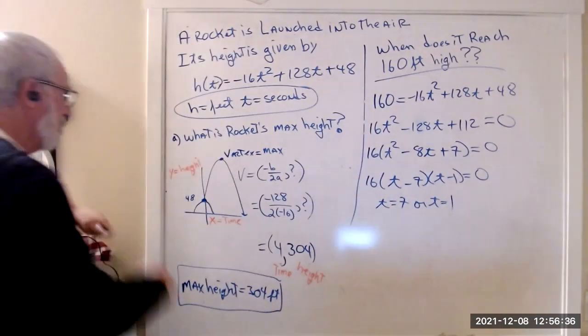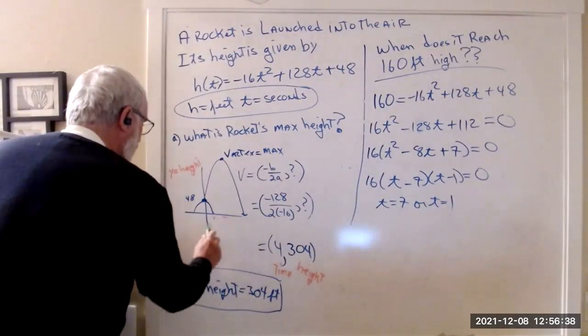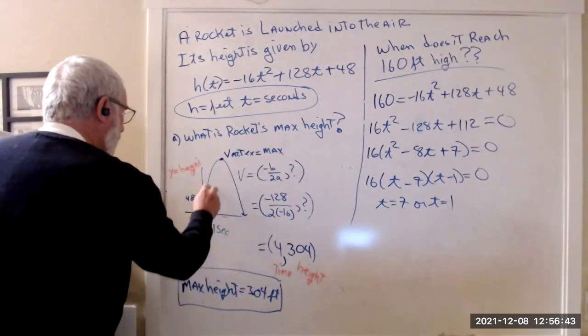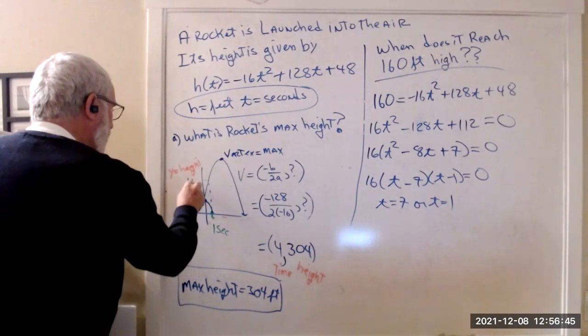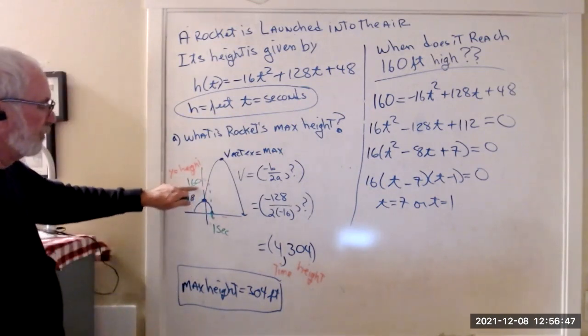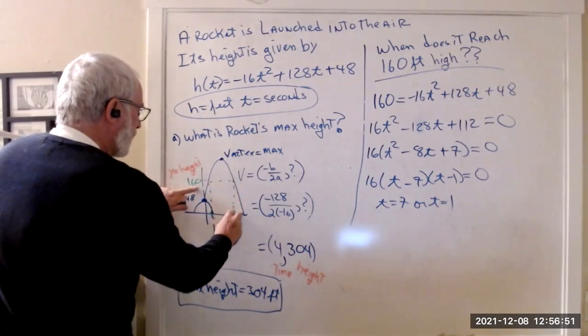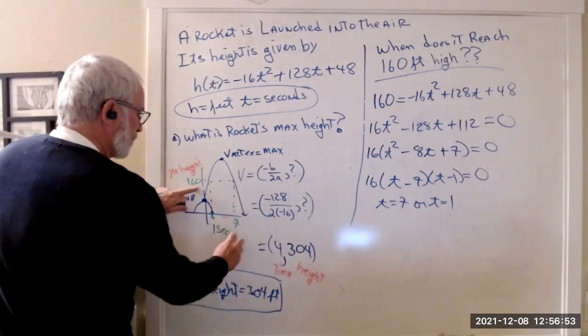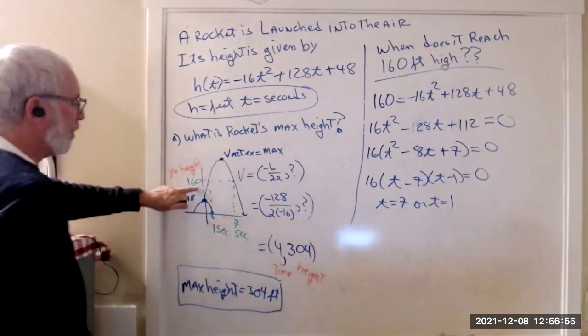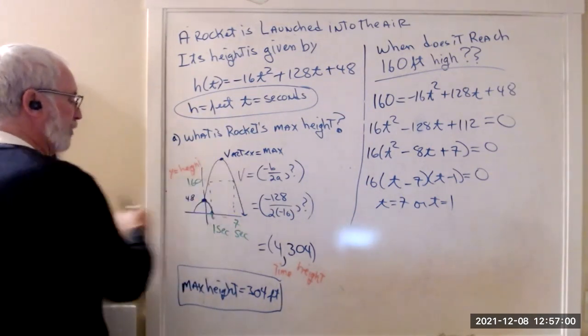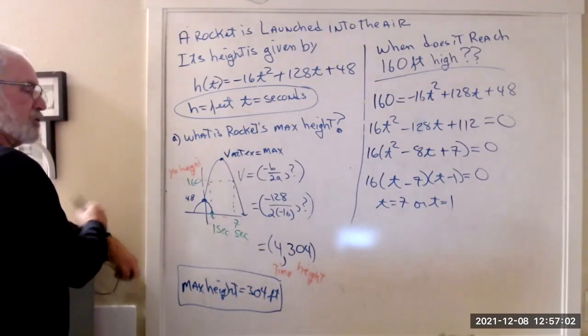This is saying at 1 second, the rocket will be 160 feet, and at 7 seconds, the rocket will also be at 160 feet.